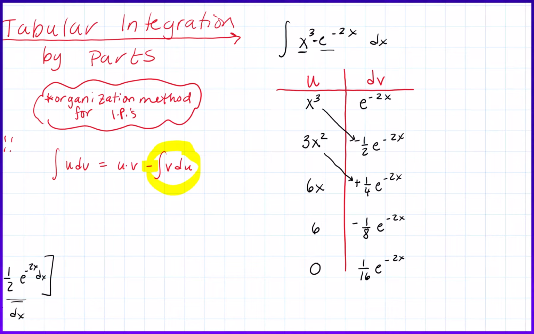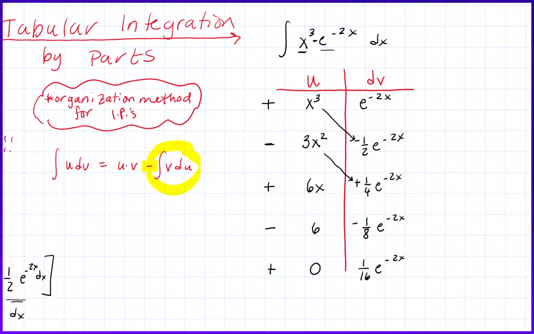So along each of these rows, we need to change the sign. The first u times v, we're adding. The second u times v, we will be subtracting, and then adding, and then subtracting, and then adding, because we're adding the first one, and then subtracting the second one, and then on the third one, we're subtracting a negative, so that becomes an addition again. So we put those down on the columns.